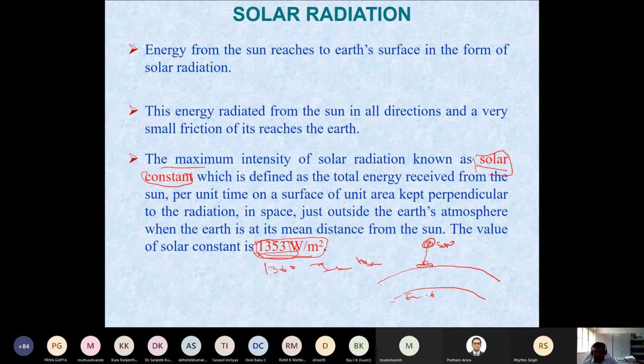So in no case should you assume solar radiation, maximum in the solar energy area I'm talking about, beyond this solar constant. It should be under that only. Of course, sometimes there are exceptions, but I don't discuss that, otherwise it will confuse you. But in most cases, the maximum solar radiation should be under this solar constant. That's why it's an important term.